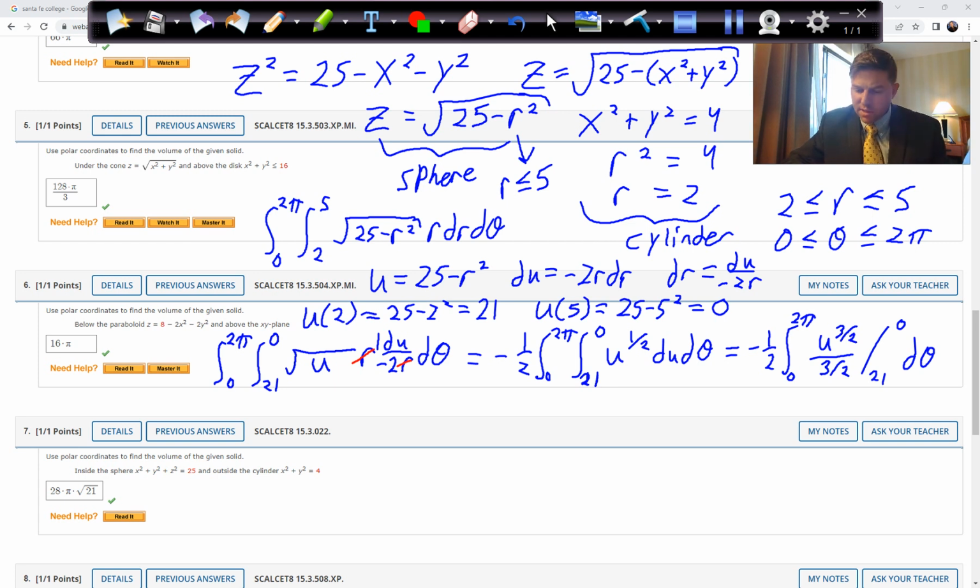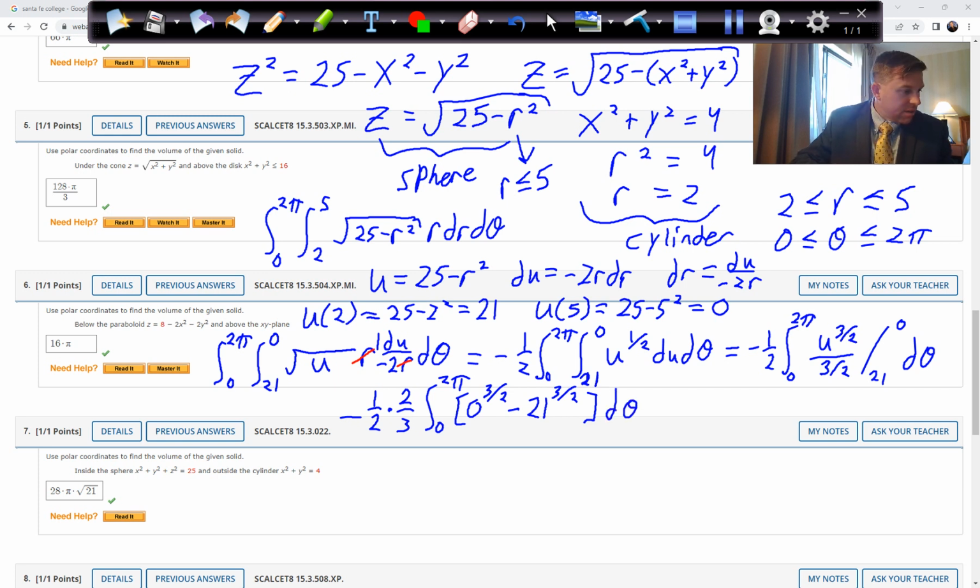Dividing by 3/2 is the same as multiplying by 2/3, so that's going to come all the way out of the integral and be minus 1/2 times 2/3, antiderivative 0 to 2 pi, and it's going to be 0 to the 3/2 power minus 21 to the 3/2 power d theta.